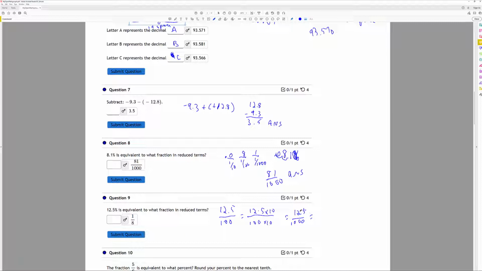You see, I know that 25 will go into 125. How many quarters is that? 4, 5 times. And how many quarters are there in 1,000? 40 quarters are in $10. And this simplifies further. 5 will go into 5 1 time. 5 will go into 40 8 times. That's your answer.